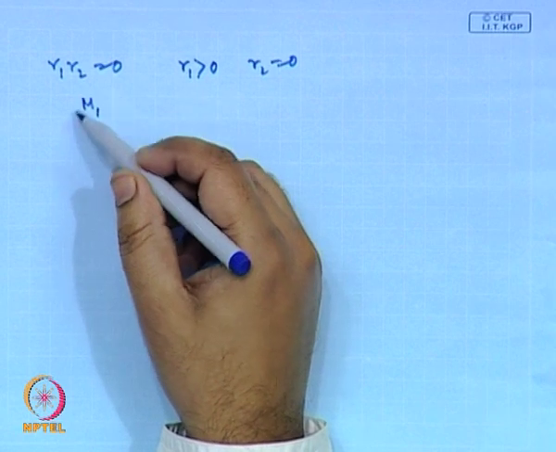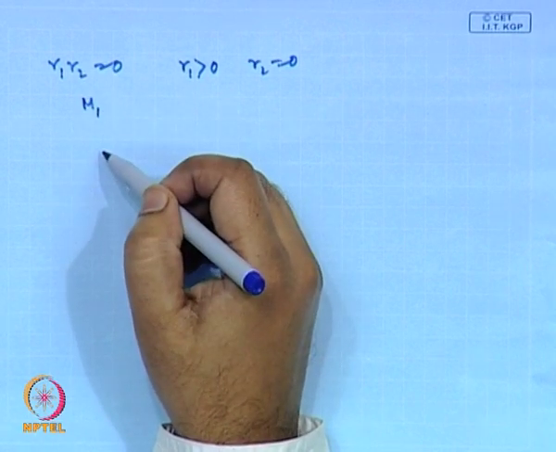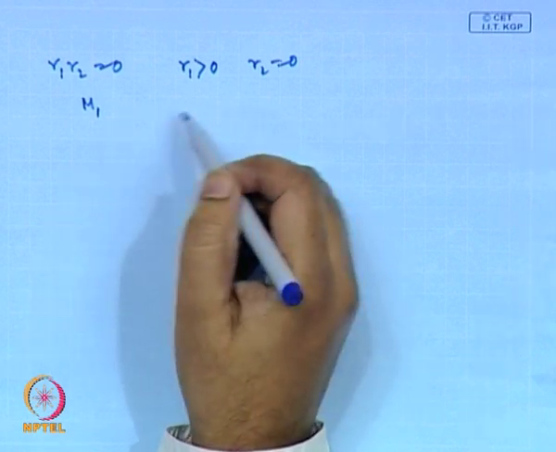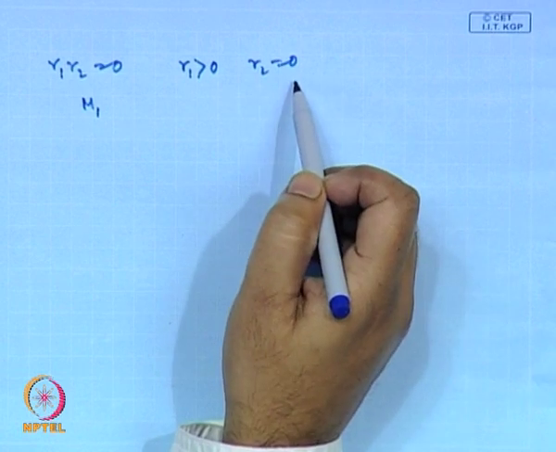But once M1 is consumed, even if there is free M2 present in the reaction medium, that cannot undergo homopolymerization because R2 is 0.